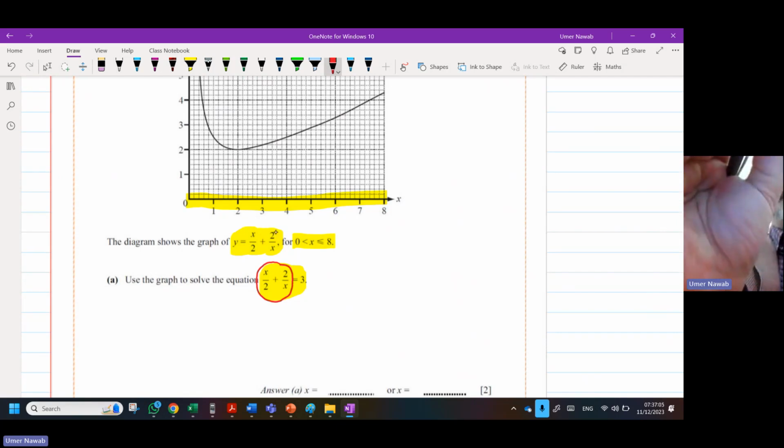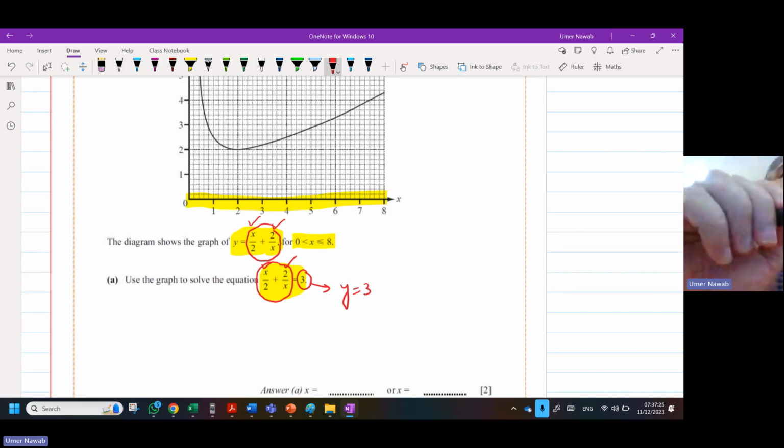It should be the same as the original equation of the curve for which you have drawn the curve. So if this is x over 2, I got x over 2. If it is 2 over x, it is 2 over x. So the left-hand side is the same. Now on the right-hand side, this is just 3. 3 means I have to draw the line y is equal to 3 on the same grid.